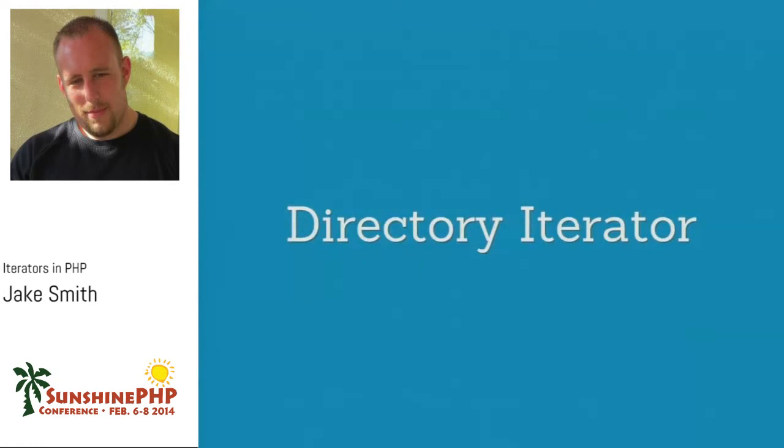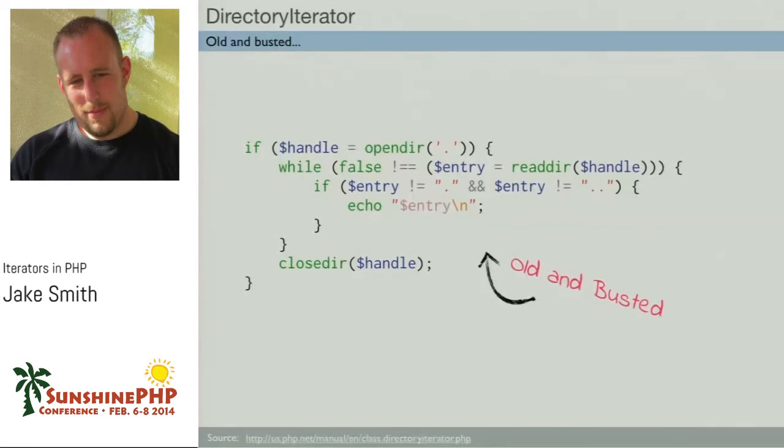So directory iterator. If there's anything you walk away with today, this is probably one of the things you really need to listen to. How many people, if you wanted to list out some files from a directory, do it this way? That's just the way you've done it forever. I did a Google search like this morning or last night.